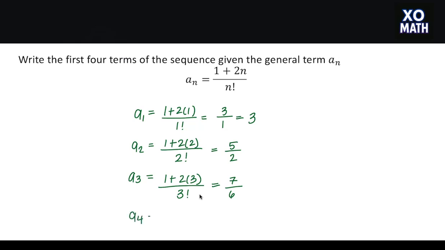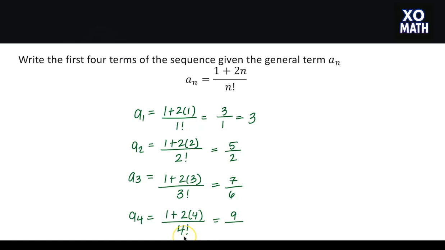And finally a sub 4, 1 plus 2 times 4 over 4 factorial. So if you notice the pattern in the numerator, we're looking at odd numbers. So 3, 5, 7. Our next numerator will be 9. And our next denominator will be 24.